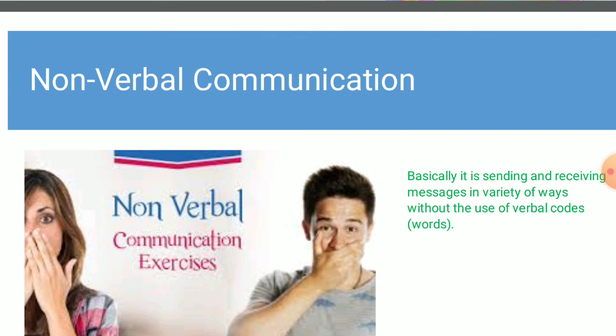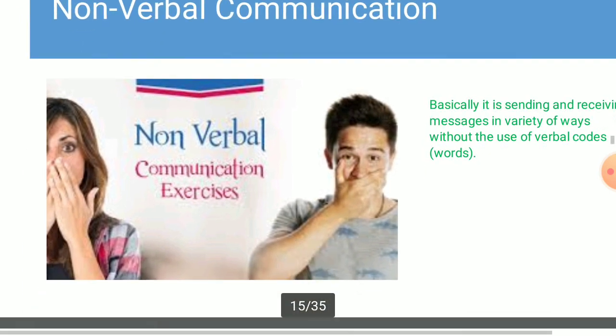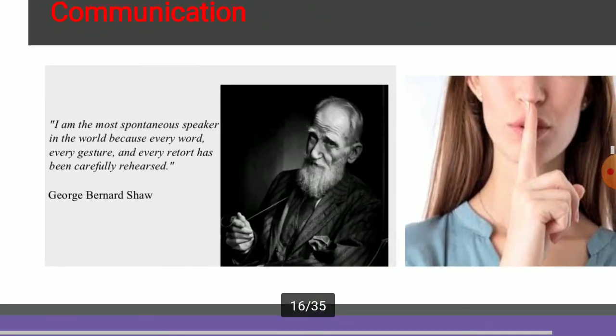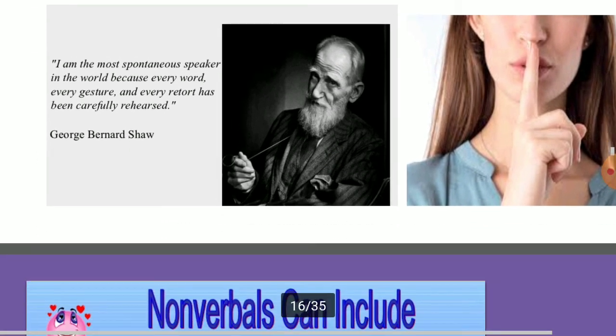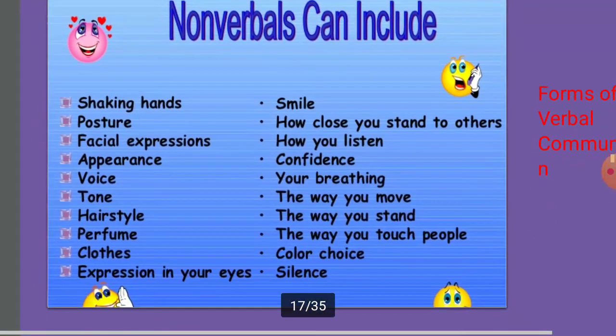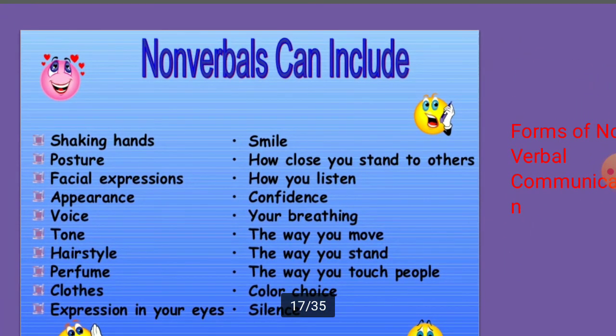So this kind of communication is called non-verbal communication. After that, we have seen one more important thought given by the great George Bernard Shaw about non-verbal communication. And finally, we talked about the variety of ways that can be used for the purpose of non-verbal communication.